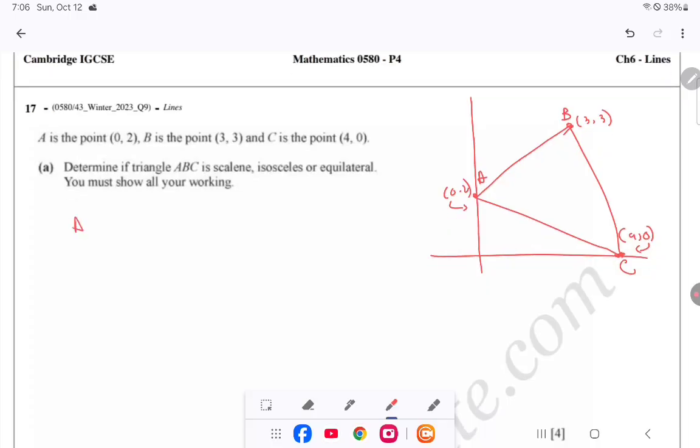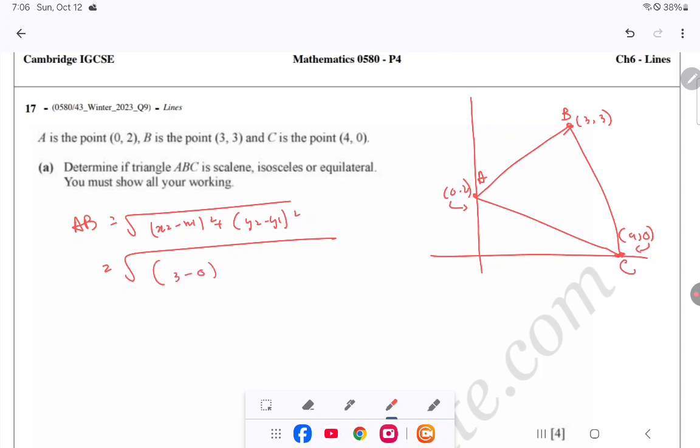For the distance AB, use the distance formula: square root of x2 minus x1 squared plus y2 minus y1 squared. Put the values: 3 minus 0 squared plus 3 minus 2 squared. It will give you root 10, which is 3.16.